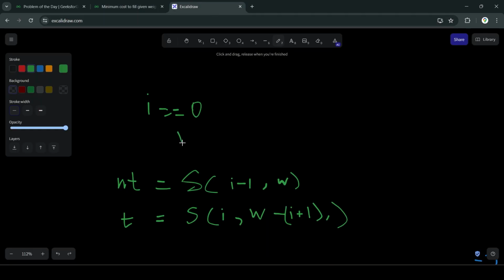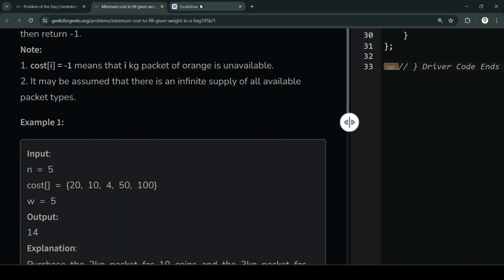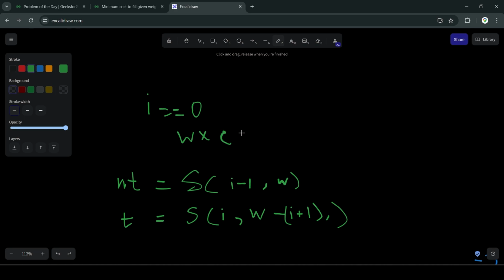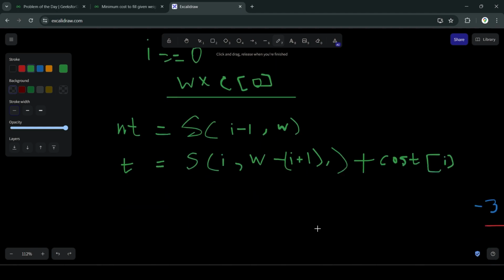So we have to return the current weight times, what is the name of the cost? Okay, it is cost. So C of 0. We have to return this one, and also we have to add another value, that is the current cost of i, because we are considering that value.